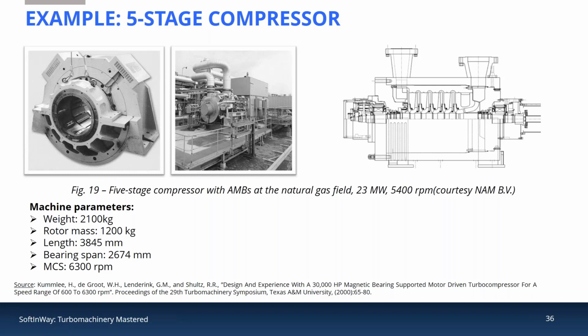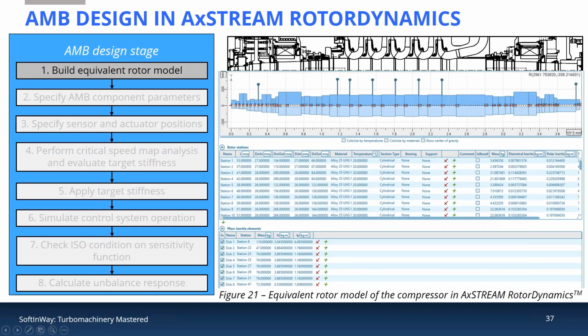And the brief sequence of actions for analyzing it is as follows. First, we need to build the equivalent beam model of the rotor, including mass and stiffness diameters of sections and point mass elements, as in any other rotor dynamics analysis.